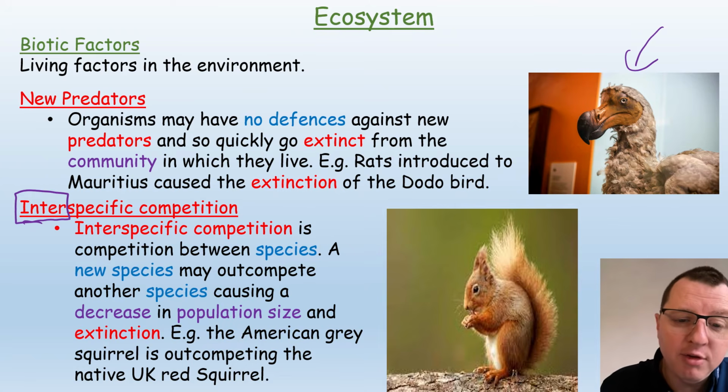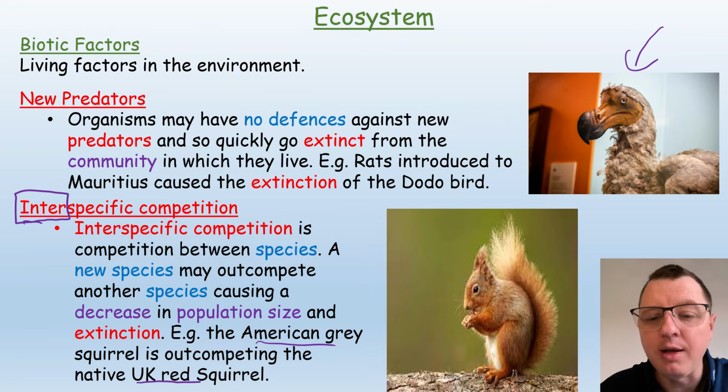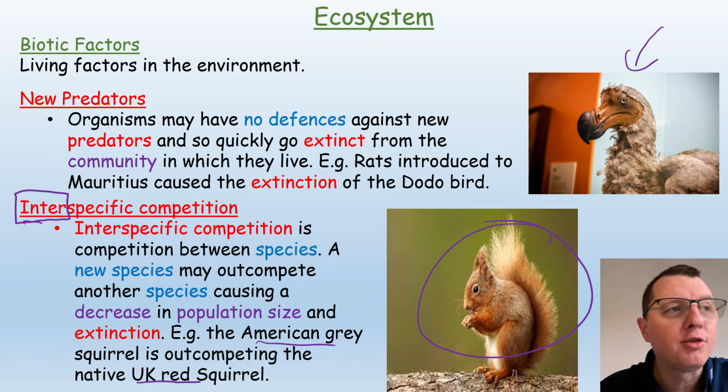In the UK, for example, the American grey squirrel is currently outcompeting the UK native red squirrel, seen here, and the red squirrel population has over the last 100 years dramatically decreased, and indeed they're only now found in a handful of areas in Wales, the northwest and Scotland. They have lost their range across the whole of the UK.